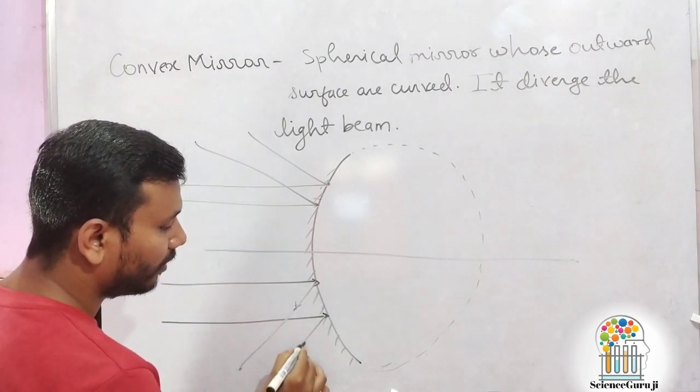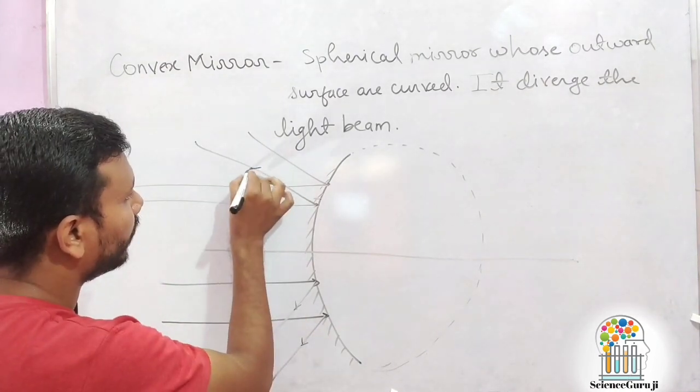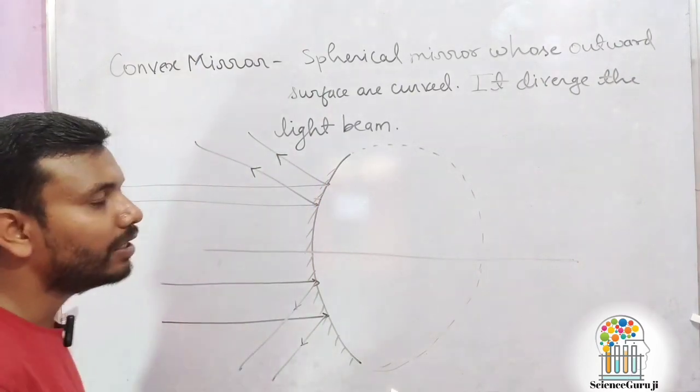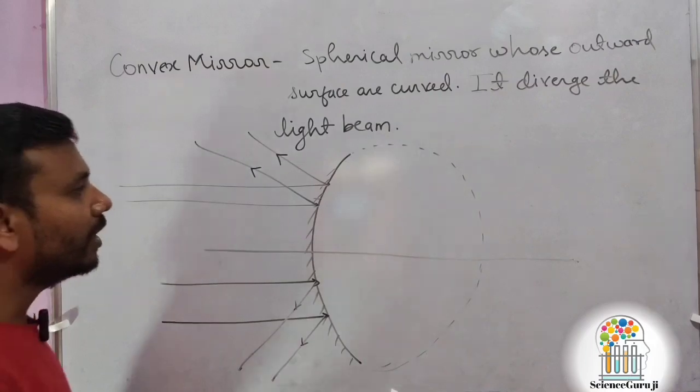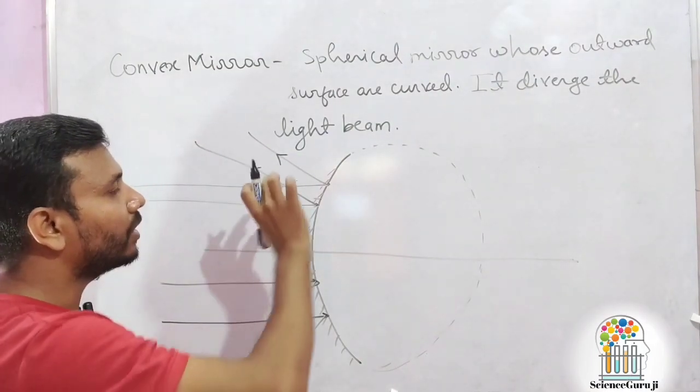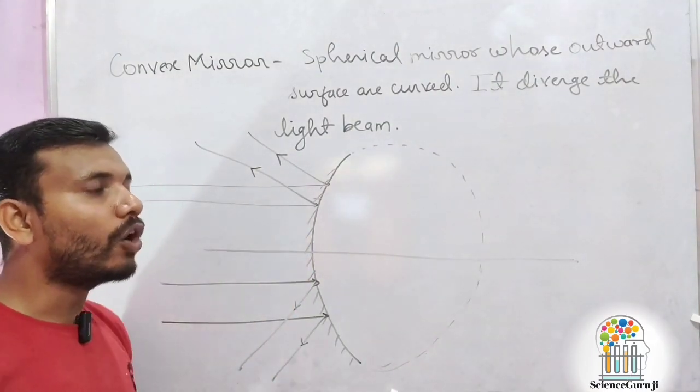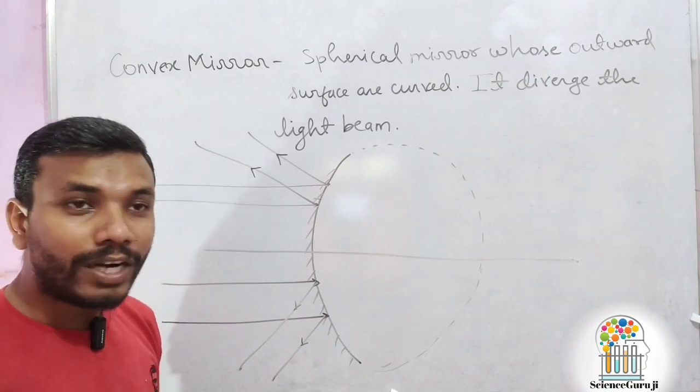The image which is forming is a virtual image, not a real image. The image formed by a convex mirror is always a virtual image.